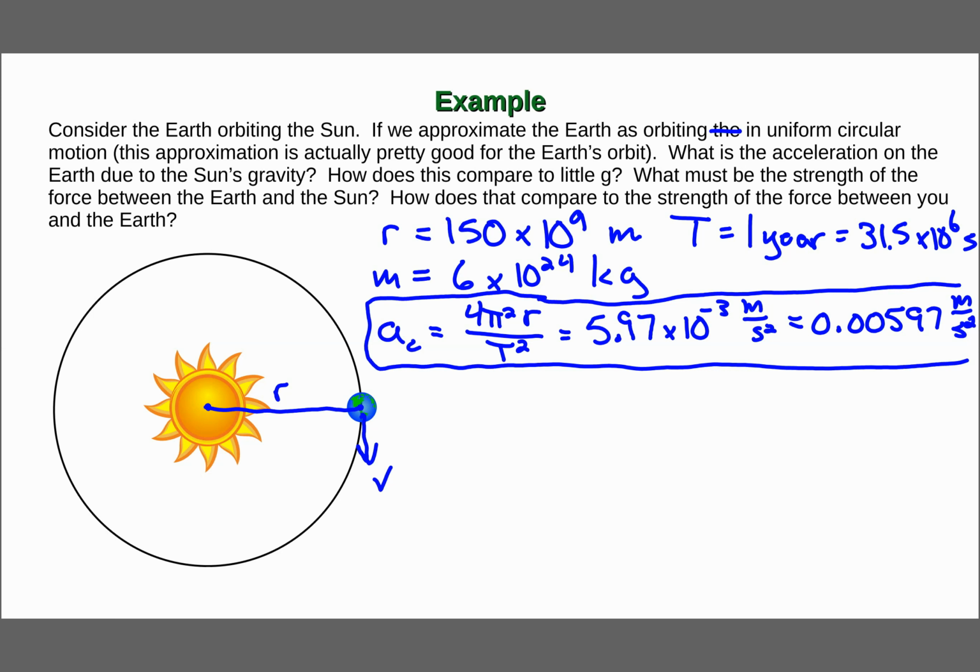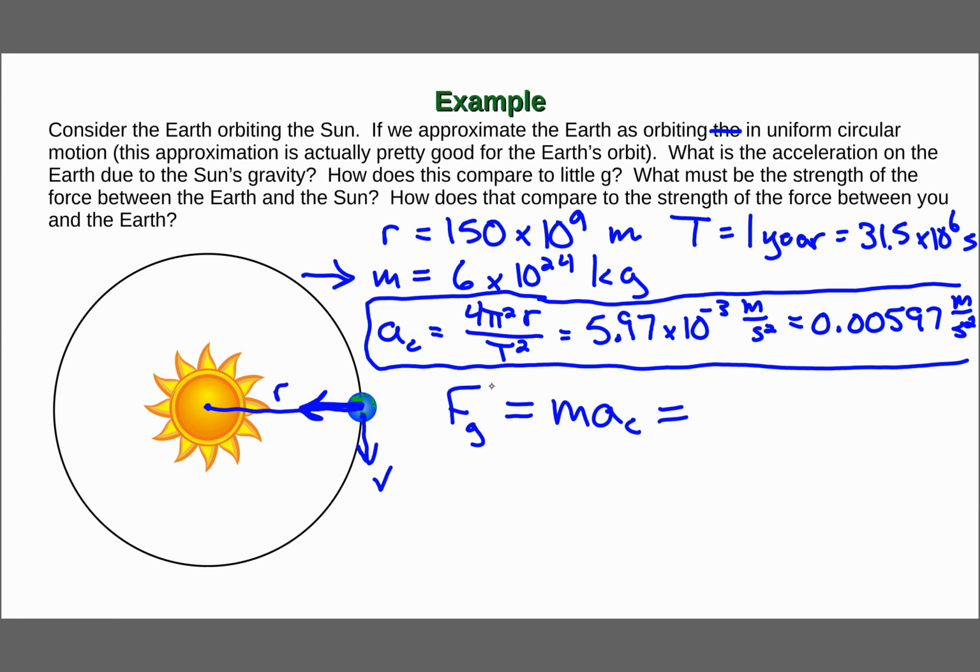But what about the force of gravity between the Earth and the Sun? What's the strength of the force? Well, we know the force of gravity, pointing this way, remember, straight toward the center, was the force that caused the centripetal acceleration, right? It was the centripetal force in this problem. That's equal to m a_c, and we have the mass of the Earth up here.